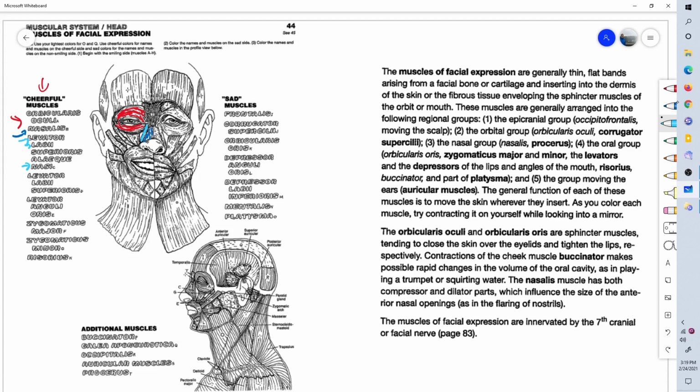Levator labii superioris is just lateral to the levator labii superioris alaeque nasi, this muscle here. And as you can tell, levator labii superioris is also going to raise the lip upward. Next, the levator anguli oris is sort of underneath here.